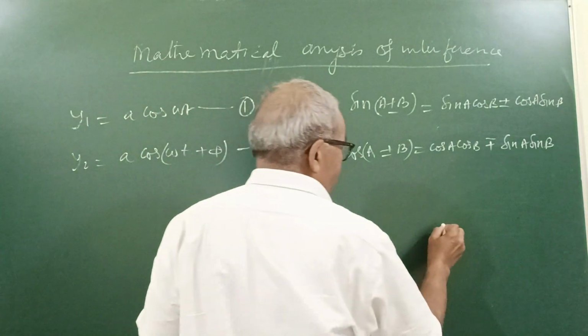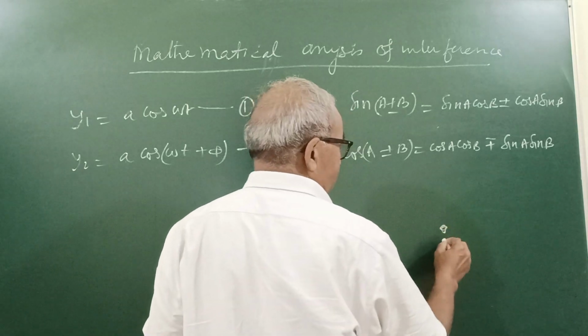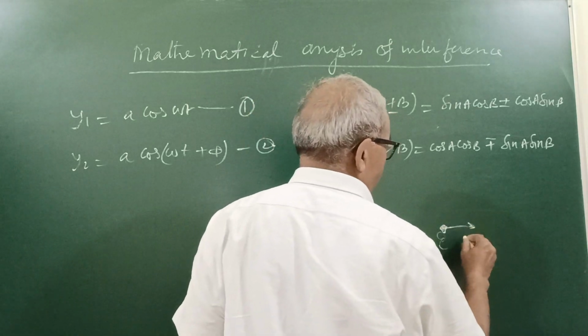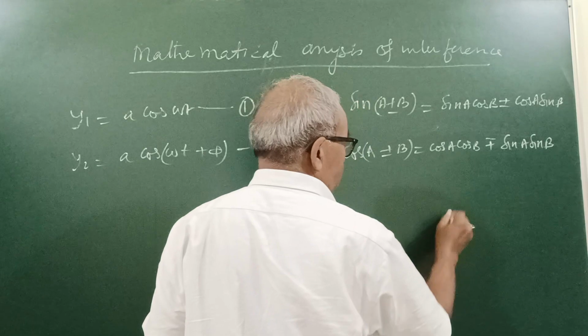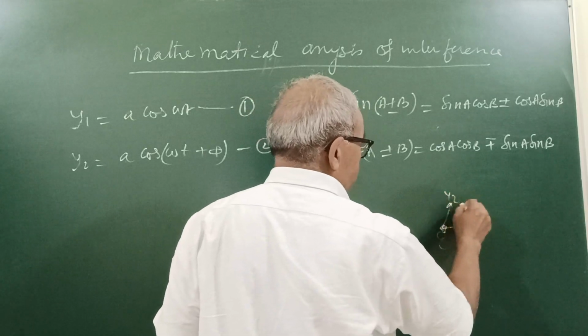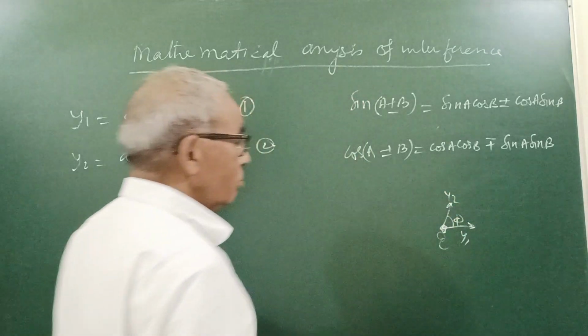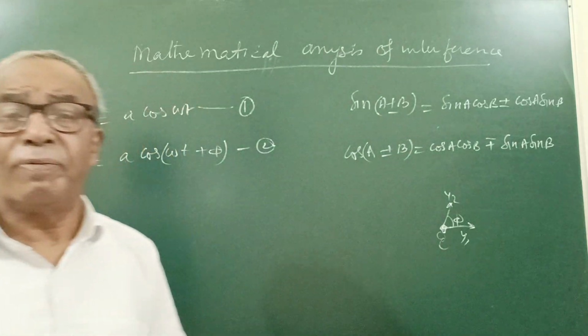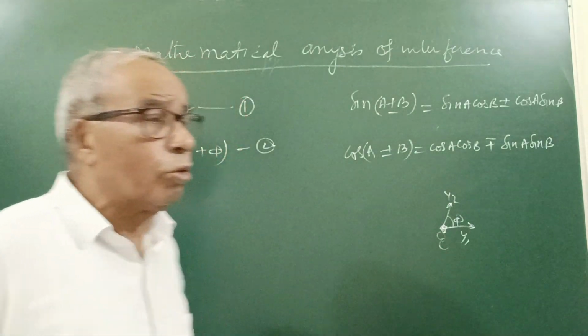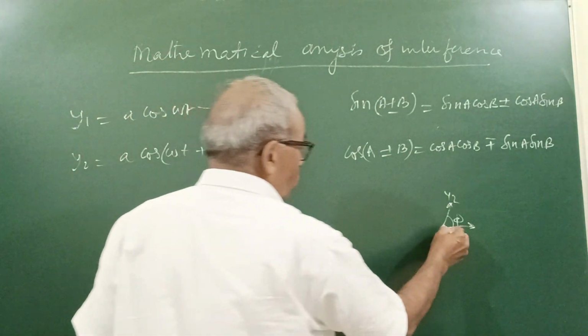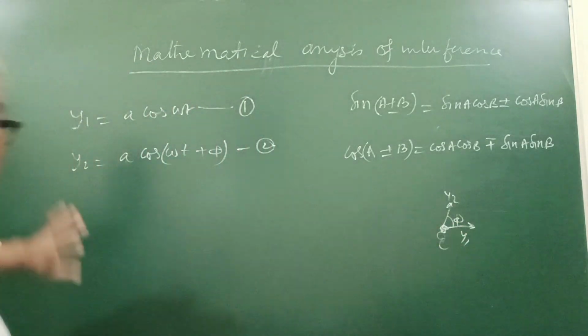Here you can suppose that it is a charged particle, electric field y1 acts this way, y2 acts this way, and this is the phase difference. So what is the resultant field or the resultant force on this charge Q? So we have to find that out.